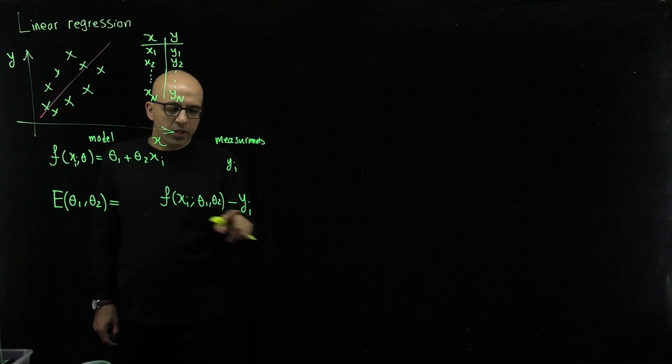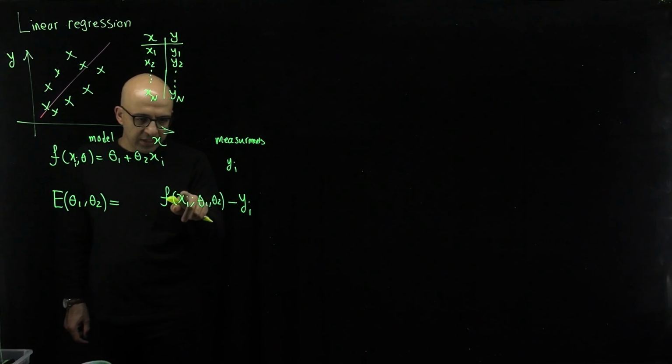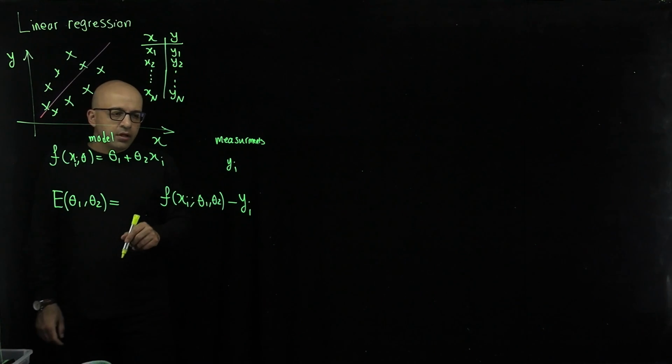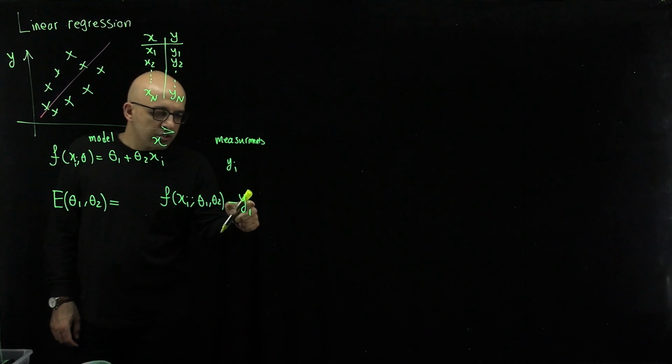The value is yi, and the value that the model predicts is f of xi at these choices of theta.